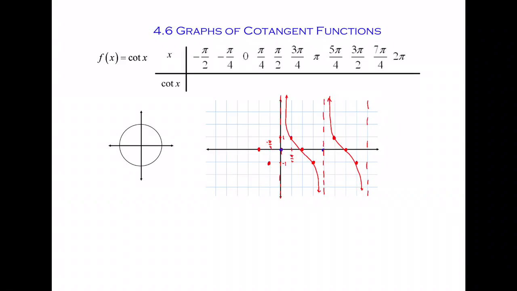Pay attention to the similarities and the differences between tangent and cotangent. Once again, this one is decreasing, and because of where the vertical asymptotes for tangent are, they have now shifted over, because the reciprocal of 0 is now undefined, and where the tangent asymptotes were, they now become 0.